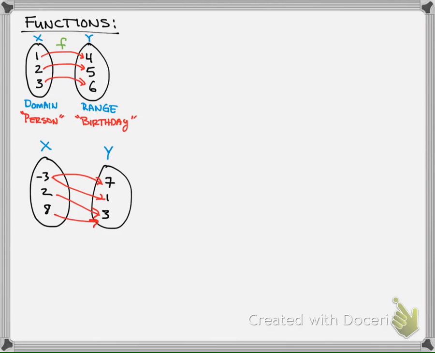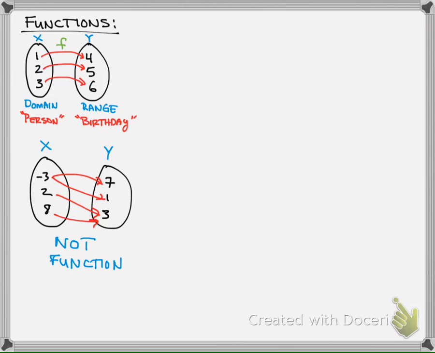So if the x values represent the people, let's see how many birthdays each person has. -3 is saying that they have 2 birthdays, which is 7 and 1. Of course, that is not true. One person cannot have 2 birthdays. So when this is the case, we say this is not a function.